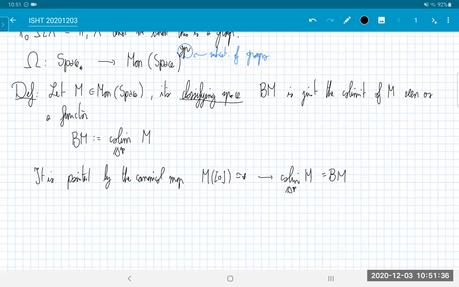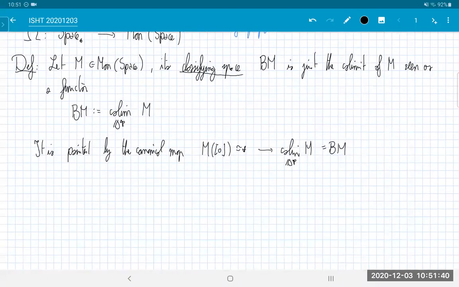Okay, a couple of words about why this is called the classifying space. Remark.